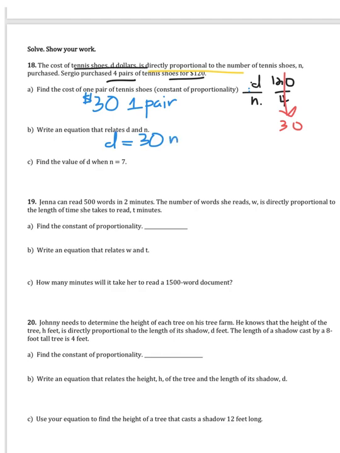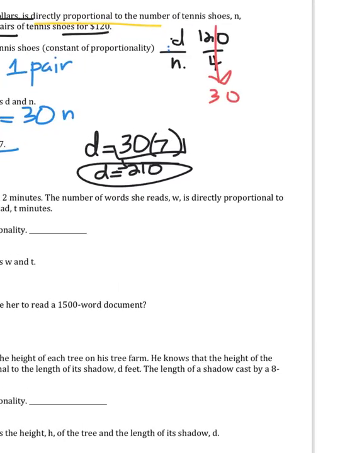Now find the value of D when n is 7. D equals 30 times 7, which is 210. Final answer: $210. The dollar amount is 210. That's a little sloppy.